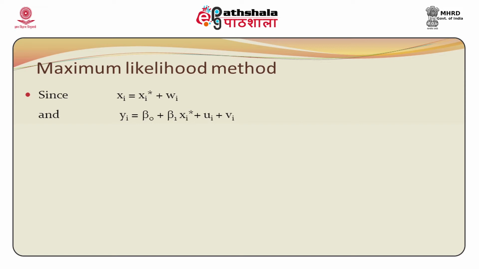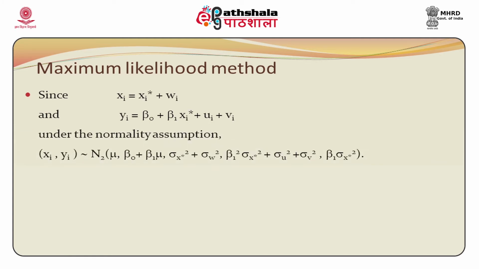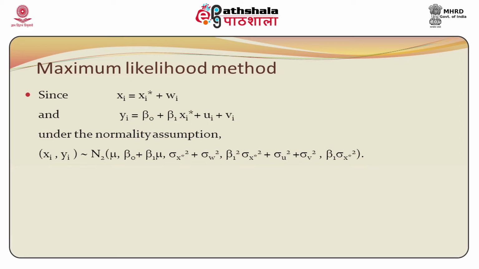Given this setup, observe that xi is xi star plus wi. And we can write yi in terms of xi star, in which case yi will be equal to beta naught plus beta 1 xi star plus ui plus vi. Now you see that xi and yi are written in terms of variables whose distributions we know.